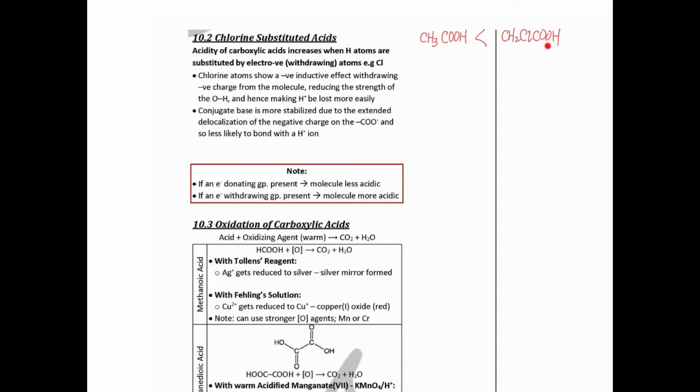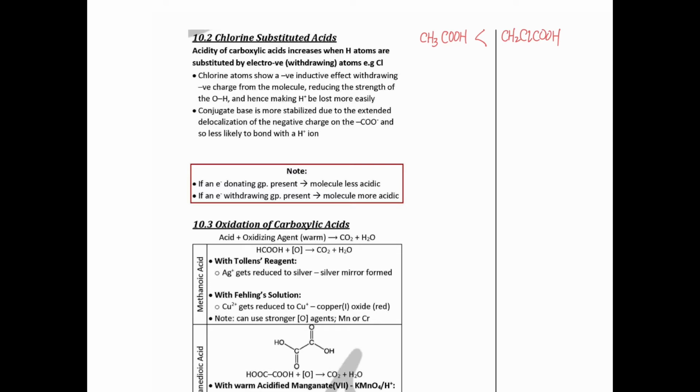So when the O is not so negative, then they cannot attract the hydrogen, because electron go to the chlorine already. So O not so negative and cannot attract the H. Okay, so H can go out easily, meaning that it can donate hydrogen ions more easily, and it also means that it is a stronger acid.